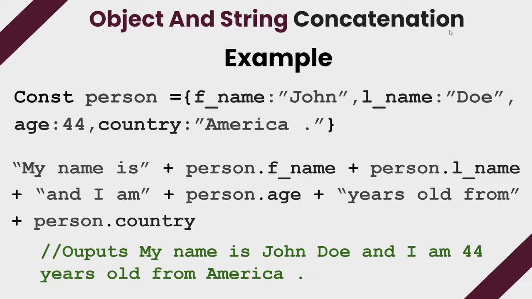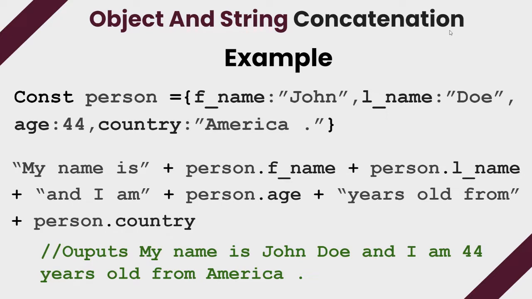And this object name has several key value pairs. So you can see the f underscore name is giving the value of John. I think that actually represents first name for me, but due to the amount of wordings, I just had to shorten it. So for the next, we have L underscore name representing last name, but just has the name of L underscore name. We also have the age and we have the country.